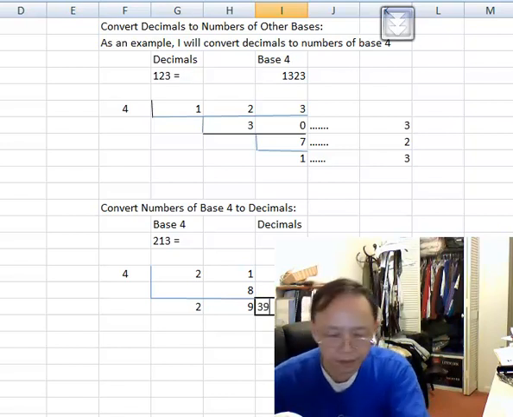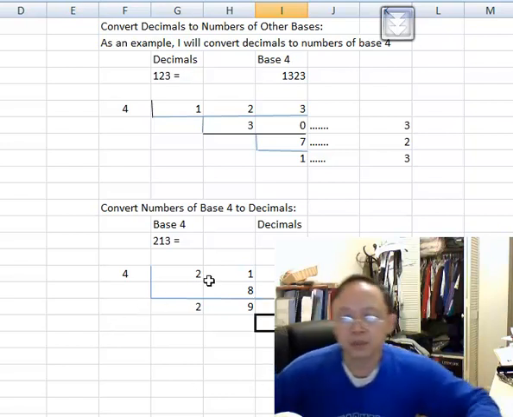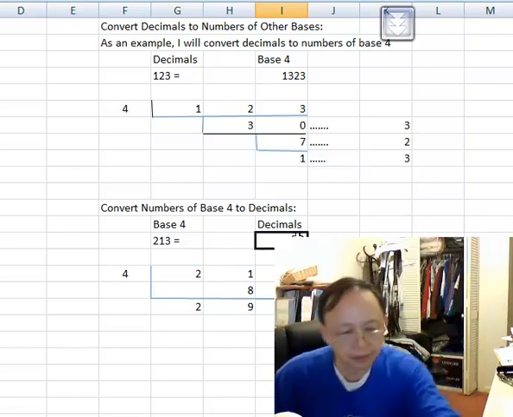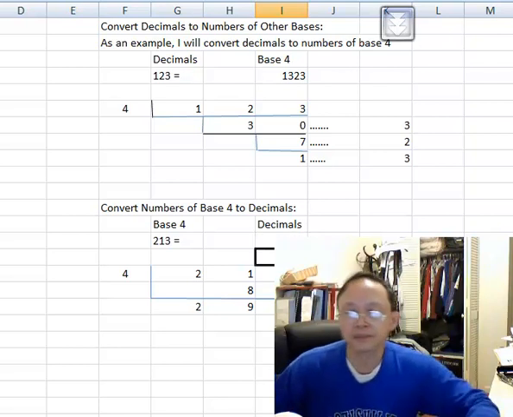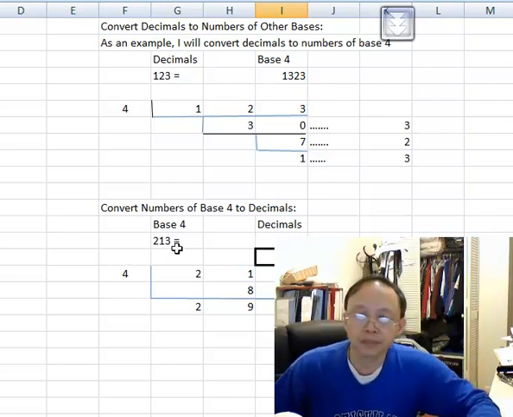So we convert the number: 213 in base 4 will equal 39. So the last number is the decimal value. So 213 base 4 means 39 in decimal system.